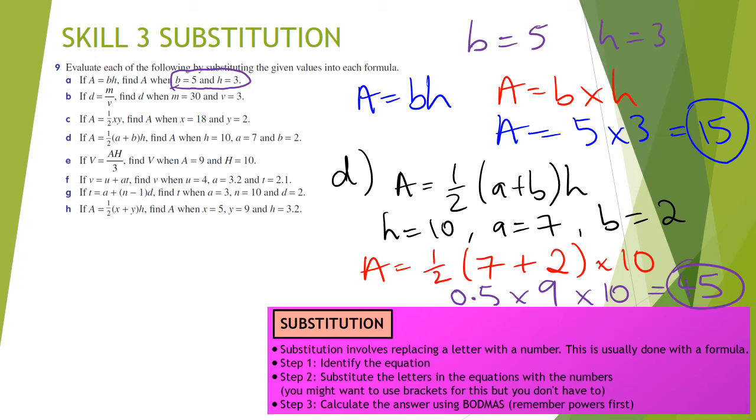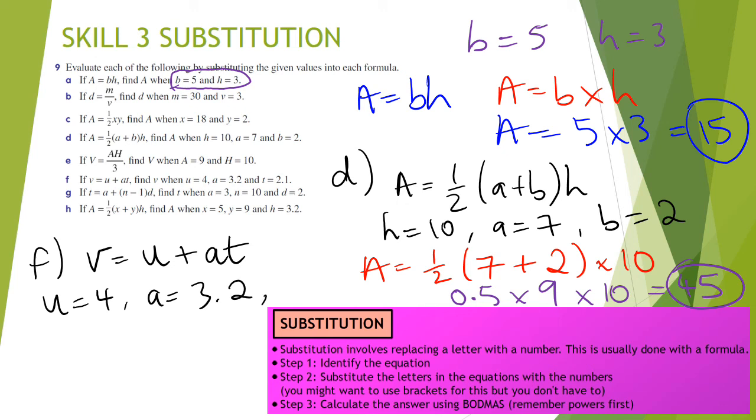If we do one more, let's look at F. V equals U plus AT. The values are U equals 4, A equals 3.2, T equals 2.1. Put these values in. V equals 4 plus 3.2 times 2.1.